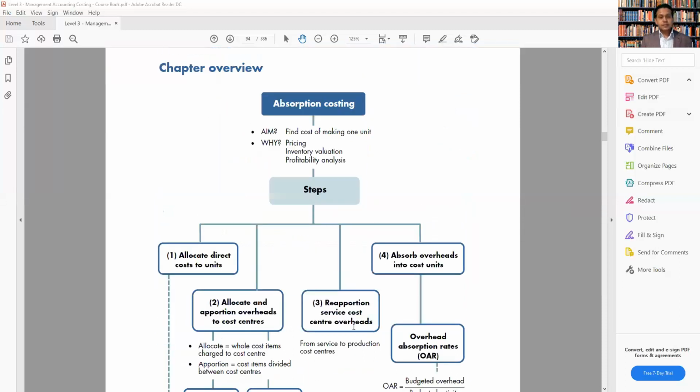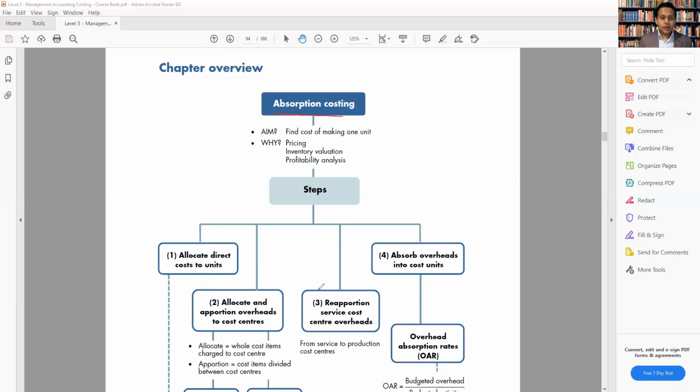So let's have a look at what we have here. We have some costing methods. The first one is called absorption costing. We're not going to read anything about it from this chapter, because absorption costing has a completely different chapter.